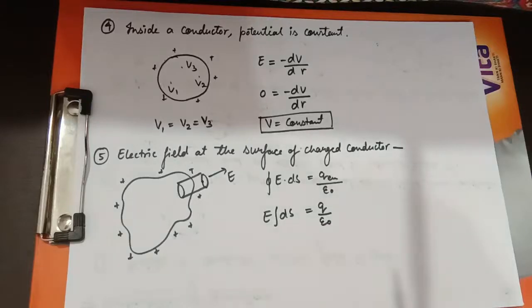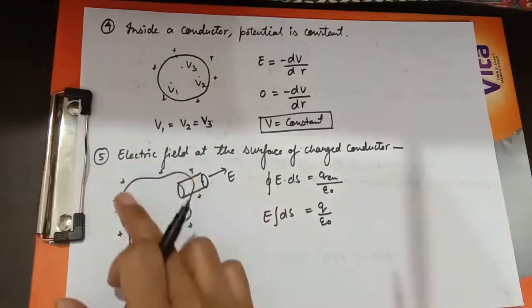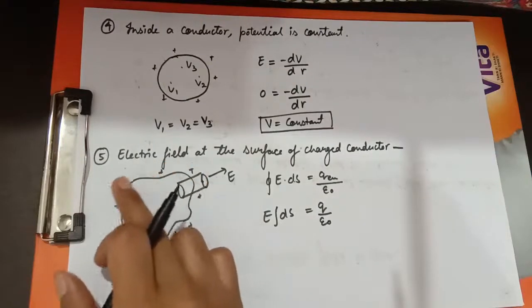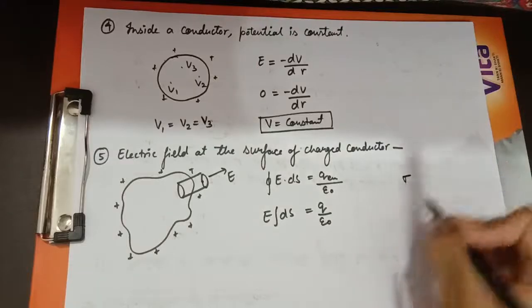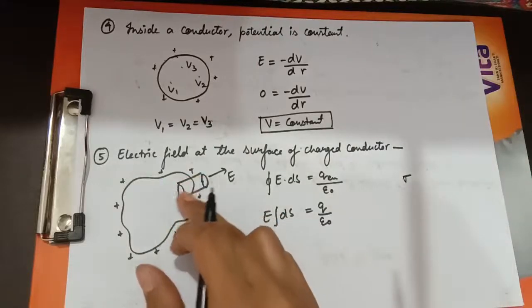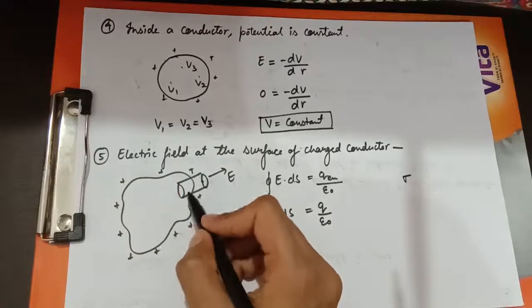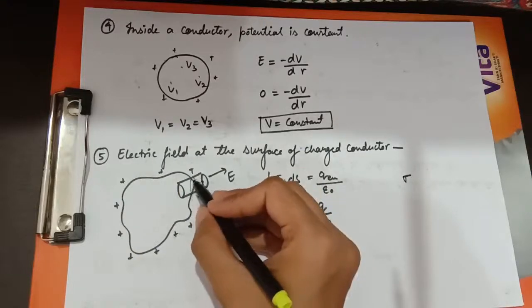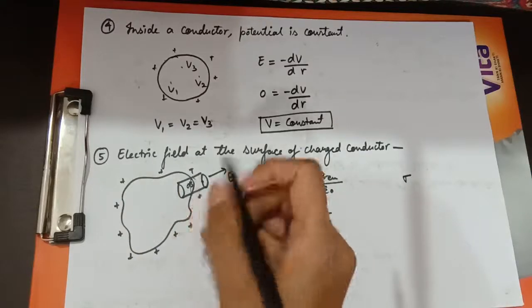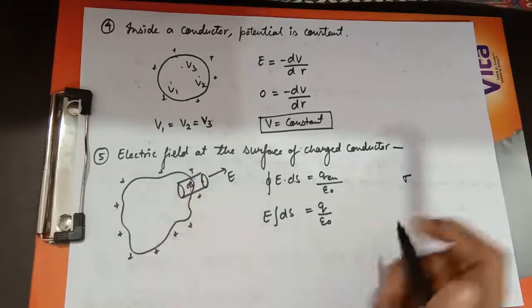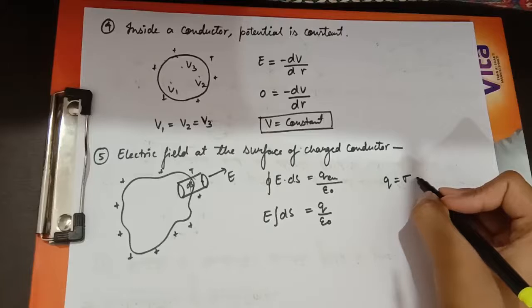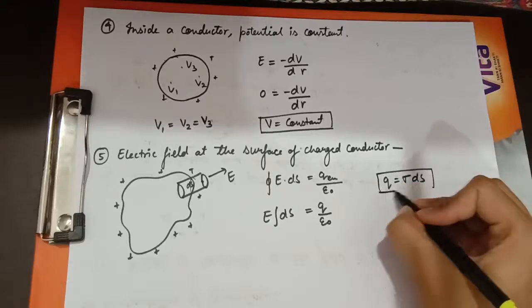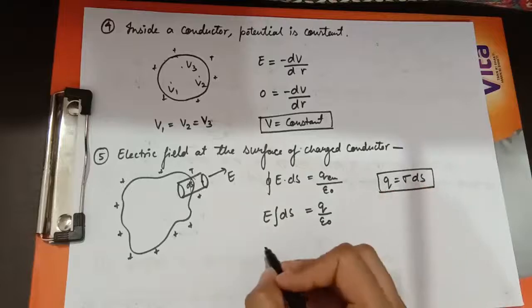As the charge is distributed on the surface, there is some charge density sigma, and Q is enclosed within this small surface, that is dS. Suppose this surface is your dS and the whole surface is S. So Q will be equal to sigma into dS. This will be the value of Q enclosed.